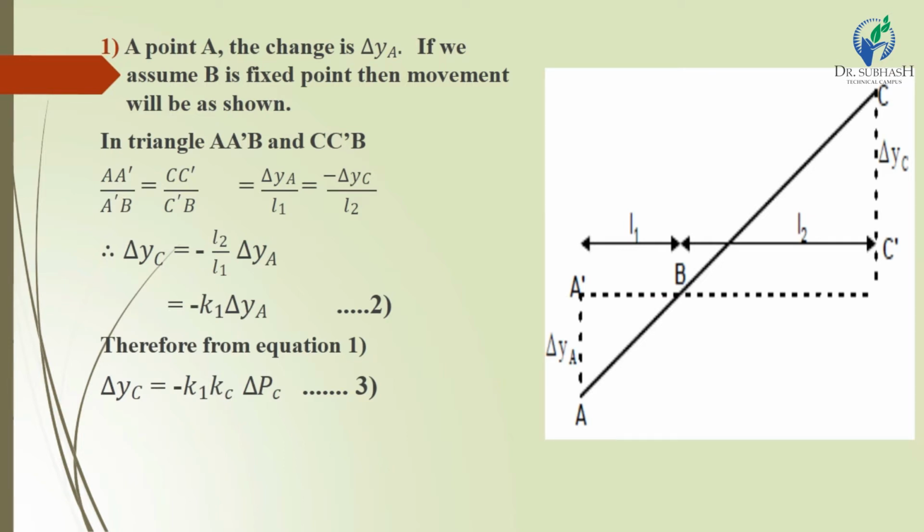So we can write that delta YC is equal to minus L2 upon L1 into delta YA, which is minus K1 into delta YA. This is equation number 2. Therefore, using equation number 1, we can write that delta YC is equal to minus K1 into Kc into delta Pc. This is known as equation number 3.